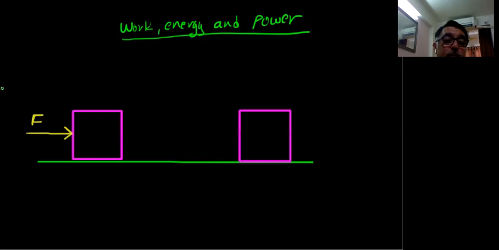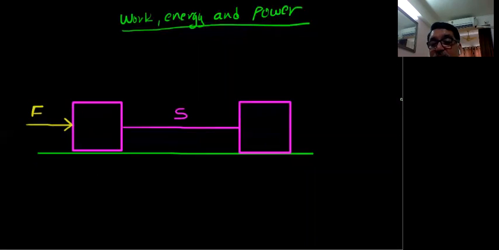This is considered as a displacement of the box. So when we apply a force on this box, and if the box moves, that means it creates a displacement, we say that work is done. So work depends on the force applied and the displacement.